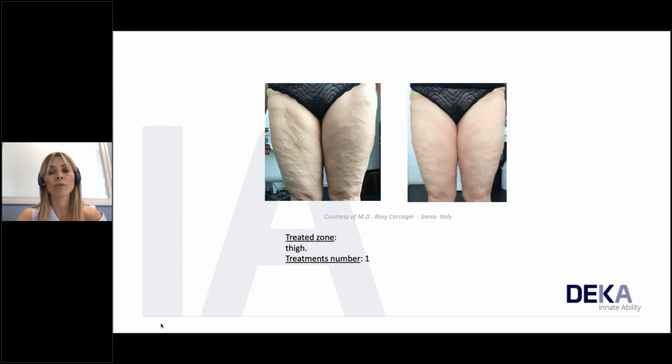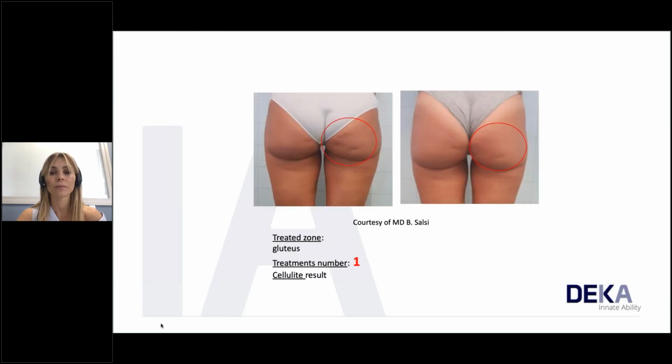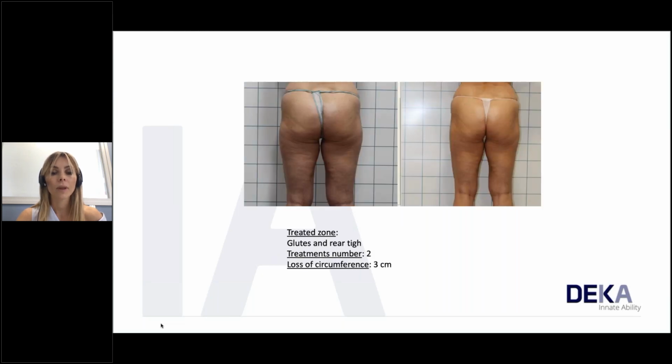And again, the improvement in skin quality only after 1 treatment session. Improvement in cellulite after 1 treatment, and a loss of circumference of 3 centimeters. Improvement in skin quality.